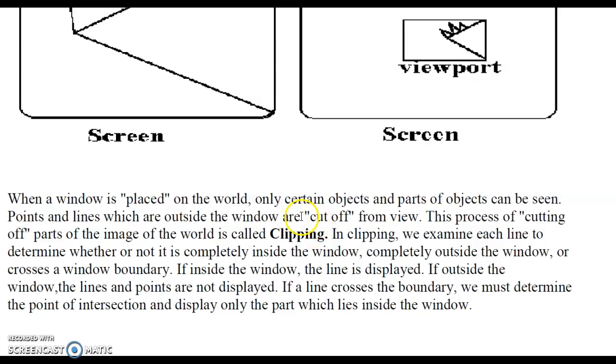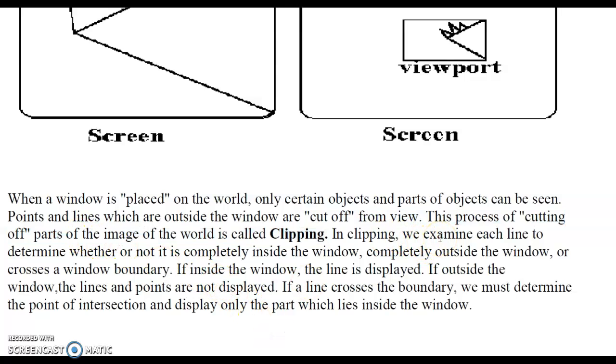This is one of the very important definitions in computer graphics. Clipping is a very important technique, and we'll be using it throughout our study in the second and third units. So now you understand what clipping is, right? The points and lines outside the window are cut off from view, and this process is known as clipping.